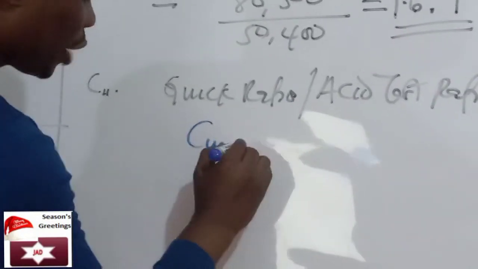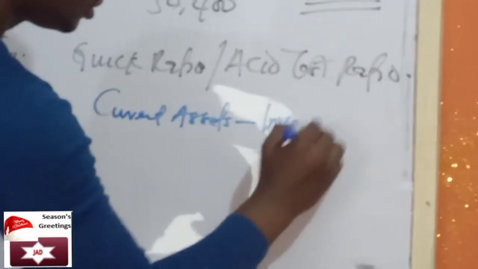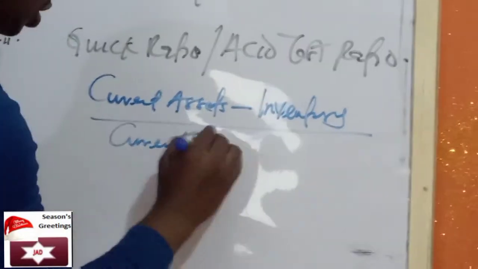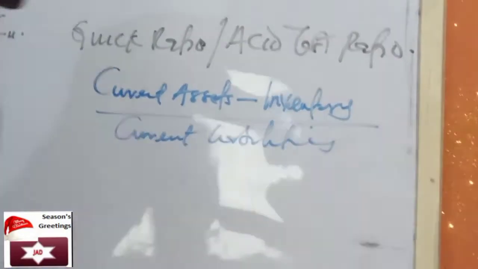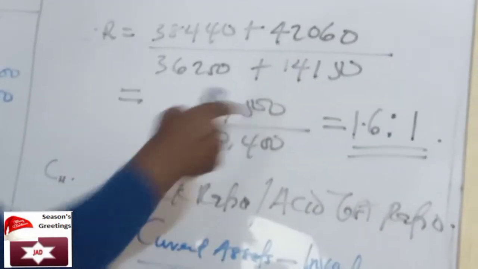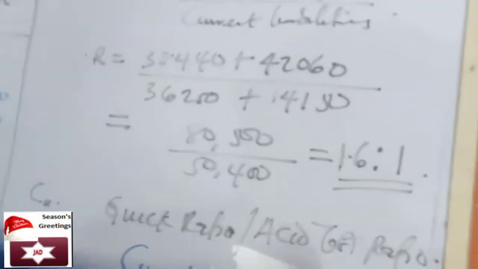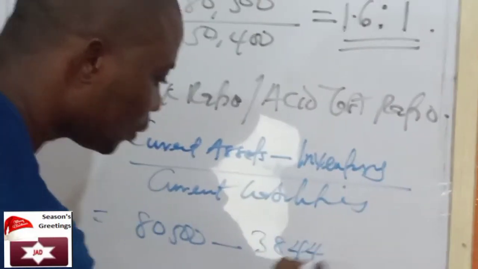But according to this question, let's not make it complicated. We are going to say that quick ratio is current assets minus inventory, all over current liabilities. So what are our current assets in this question? 80,500. What's our inventory? 38,440.